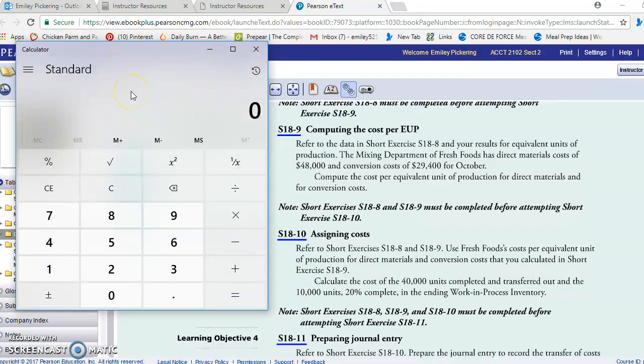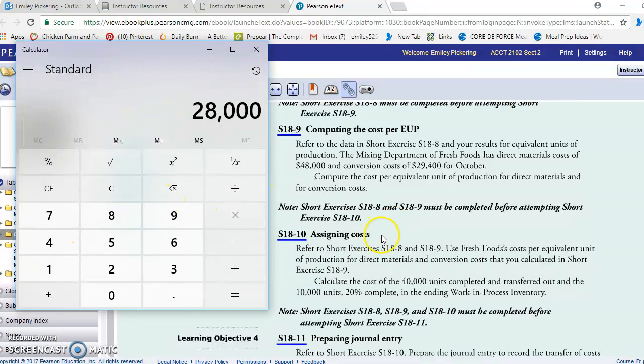We're not really concerned with the equivalent units. So 40,000 units were transferred out, and we said that was 96 cents. So 38,400 for direct materials, and then conversion costs, again, 40,000 times, I think it was 70 cents, 28,000 there.